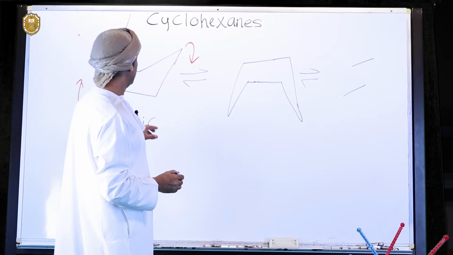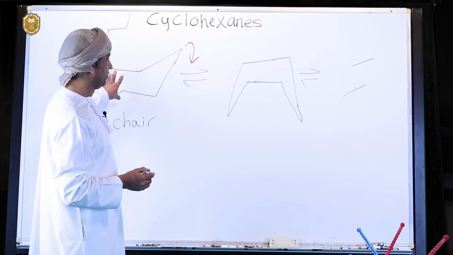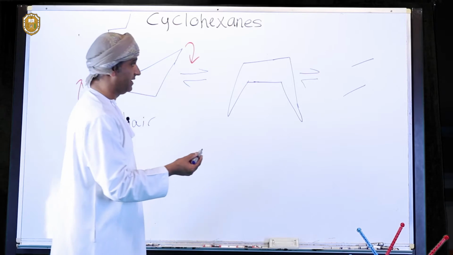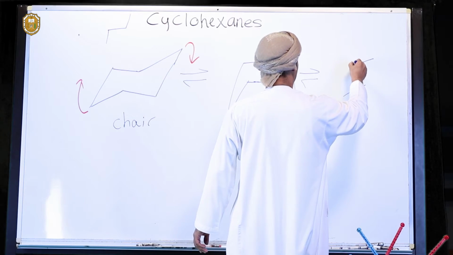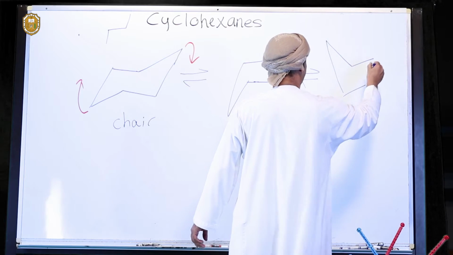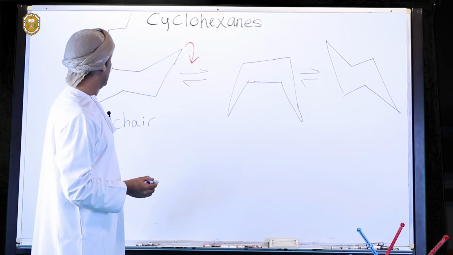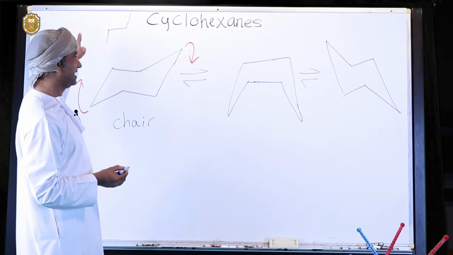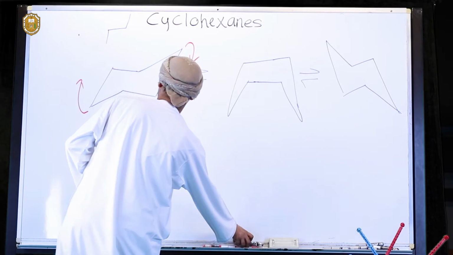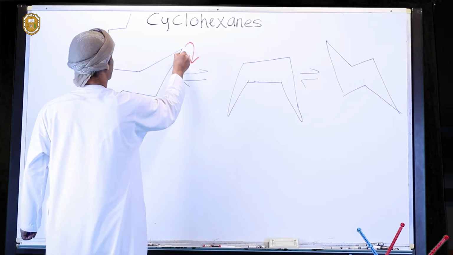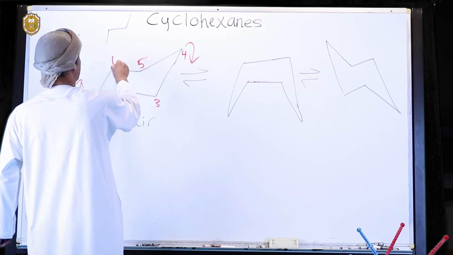Of course, the direction of these bonds will be inverted in the other chair. So this is the other chair. Remember this carbon has been taken up. If we number these carbons, this is 1, 2, 3, 4, 5, 6.